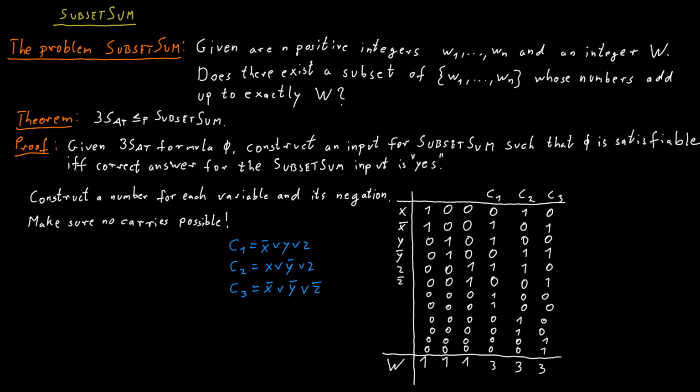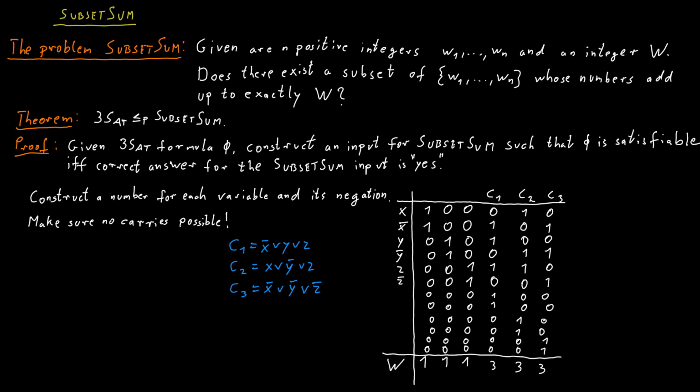But if I don't take any of the literals that belong to a clause, I get 0 value from those, and then the dummy numbers can only get me up to 2, but not up to the target number 3. So I can only reach my target number if I select at least one of the literals that belong to the clause. Only then can I get to 3 in this particular column. And that finishes our construction.